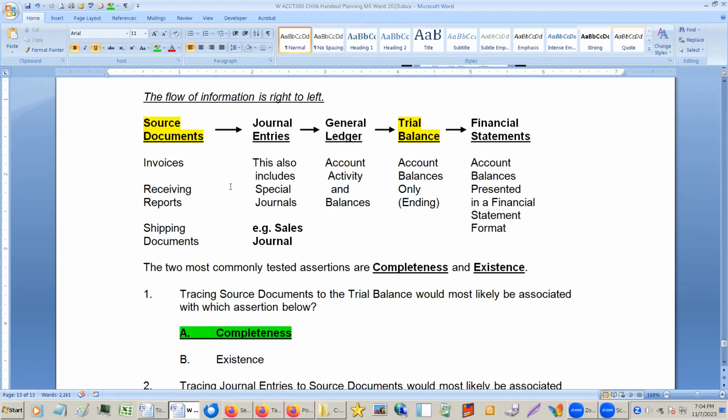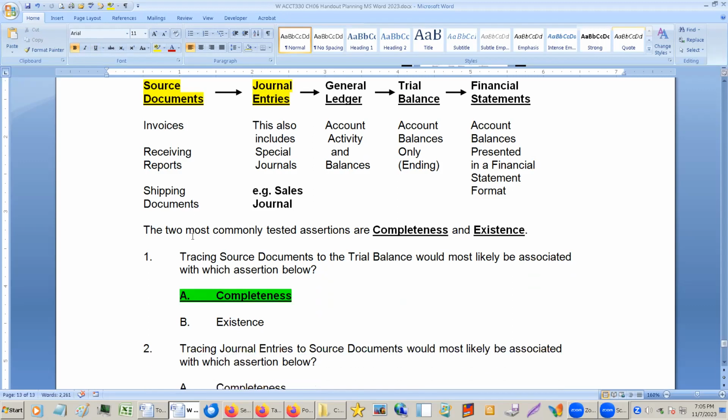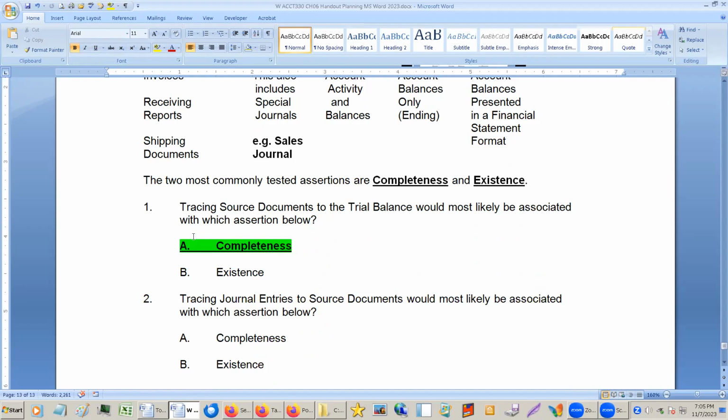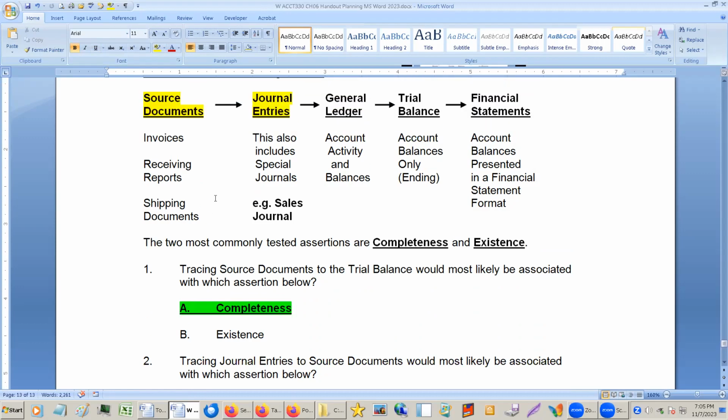Okay, tracing journal entries to the source documents. So you take these journal entries here and you trace them backwards to the source documents. What would you probably be testing there?